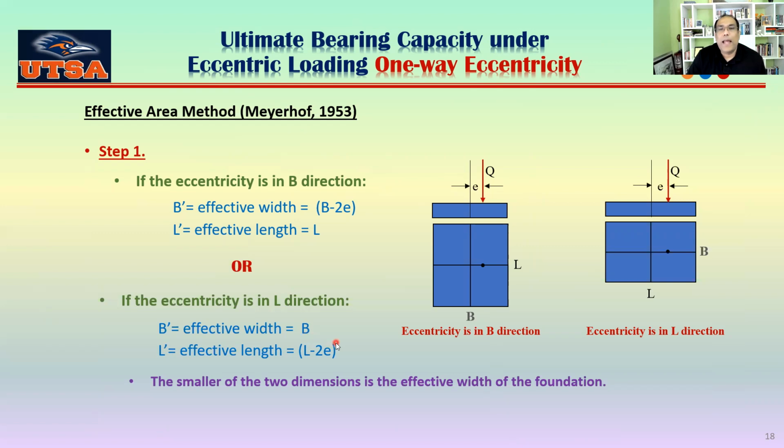After subtracting that 2e either from B or from L, we have to check again which one is bigger, L prime or B prime, and make sure that L prime is always bigger than B prime. That's the assumption we use in all foundation engineering problems.